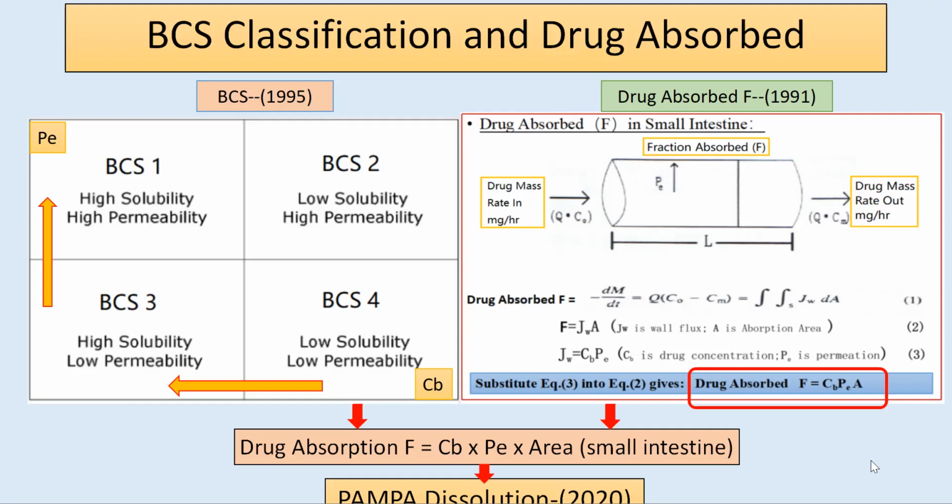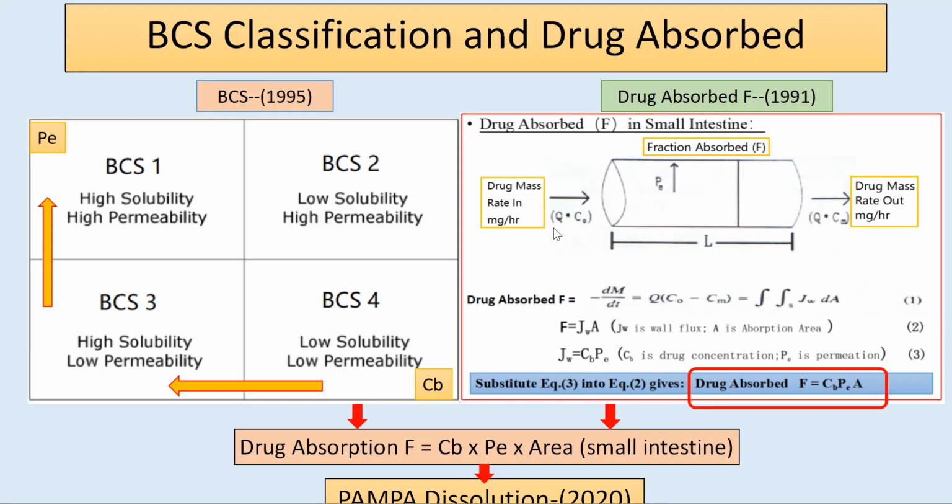And from this PPT, as you can see, the drug absorbed orally can be figured out through the right side chart. The drug can be absorbed through a small intestine of length L, with the drug coming from the left side through L to the right side, which can be figured out based on mass balance, which is equation number 1.